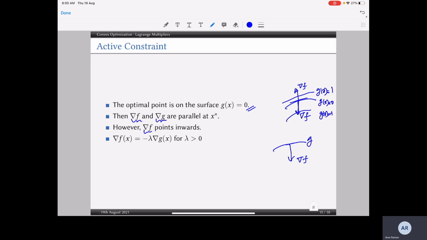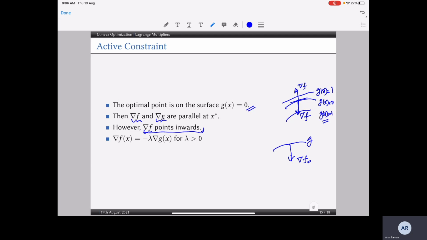If the gradient of f is pointing inwards, it means that if we move inside the constraint, that is, if we decrease the value of g(x) and move to g(x) = -1, then the value of f increases. But our objective is to minimize the value of f. So that is the main idea.